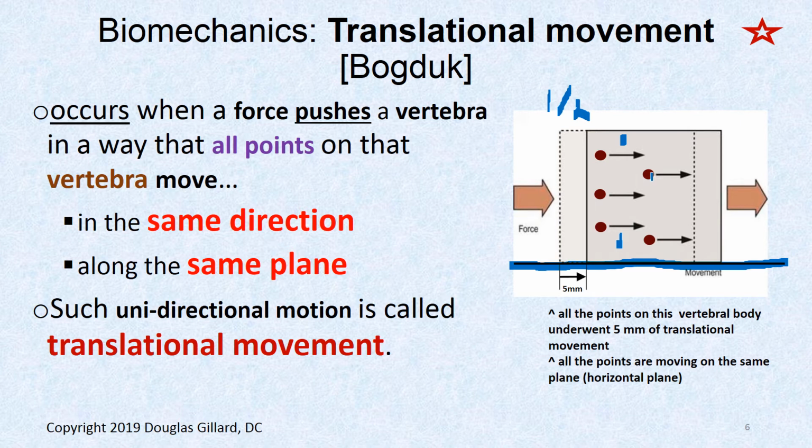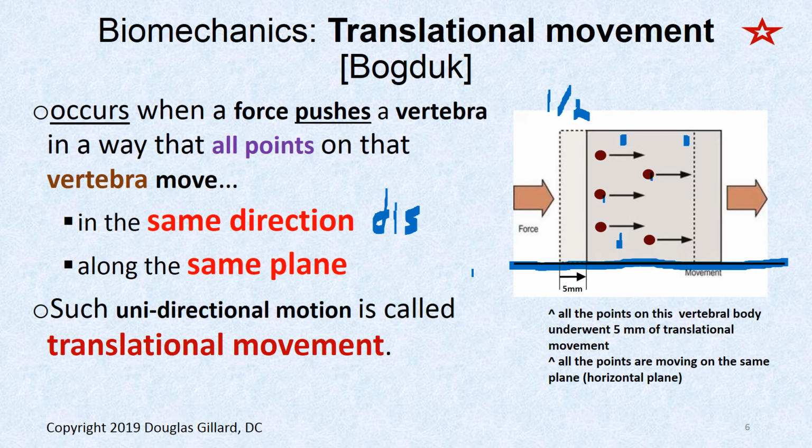Every single point on this vertebra, no matter where I measure it from, will move a half inch. And they'll all be in the same plane and all be in the same direction. So they move the same distance. I could add same direction, and I could add a distance in here if I wanted to.